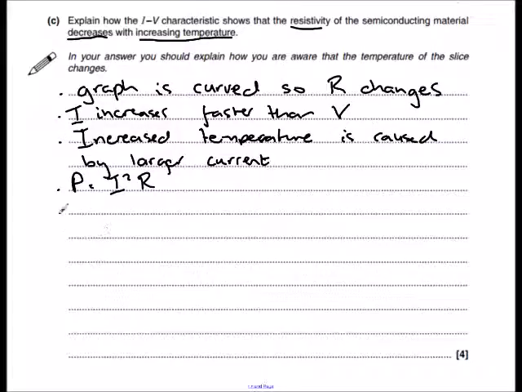Then you just need the final point, because remember the question is linked to resistivity decreasing with increasing temperature. So as R decreases, rho, which is resistivity, decreases as well.